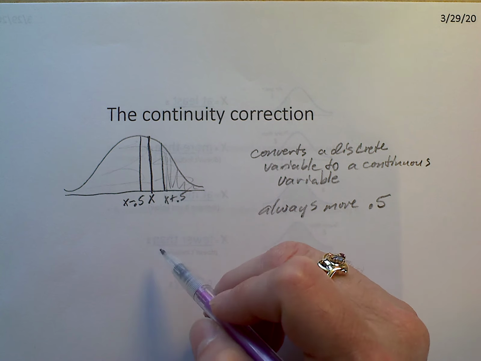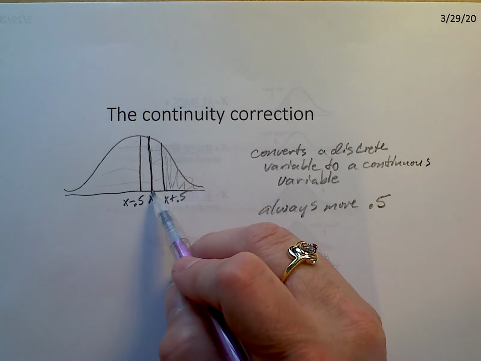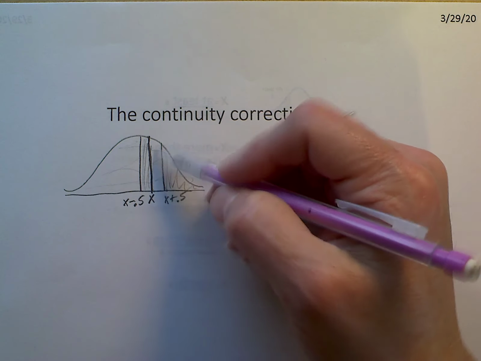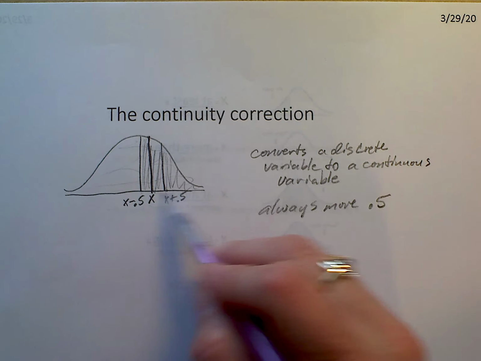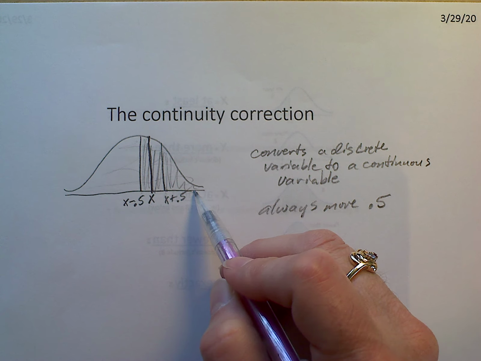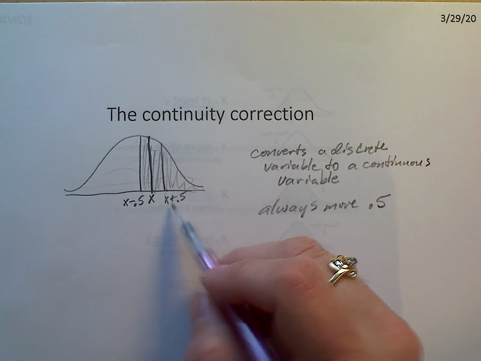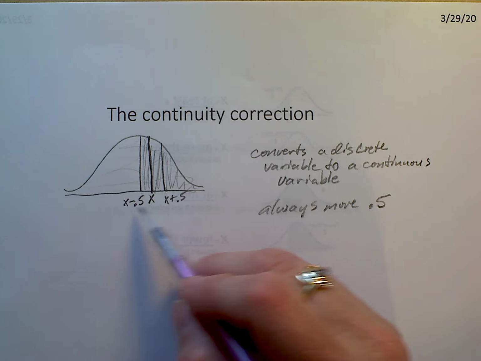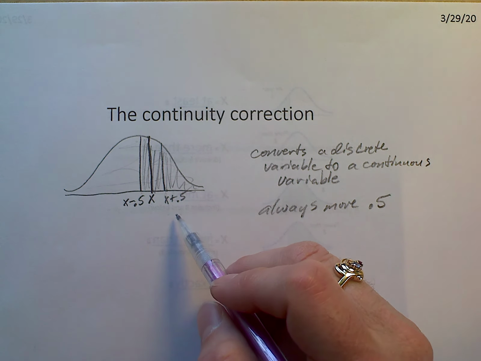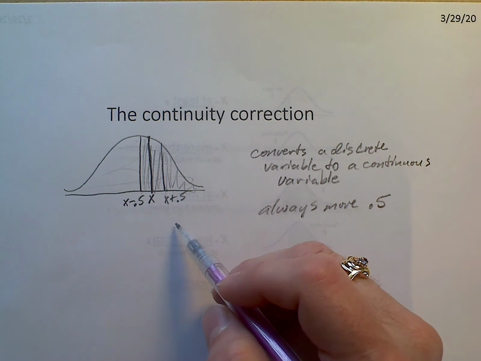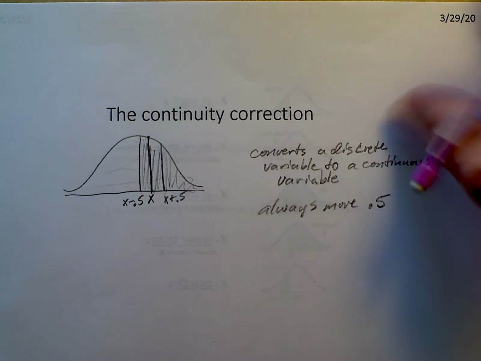If I said at least x, then it would shift down and include all of this. And that way I'm including the x. Now we're going to go into more detail with that here in just a second. But the continuity correction means I need to shift one way or the other, to the left or to the right of it, by 0.5 always. And we're going to write that on our formula sheet here in just a bit too.